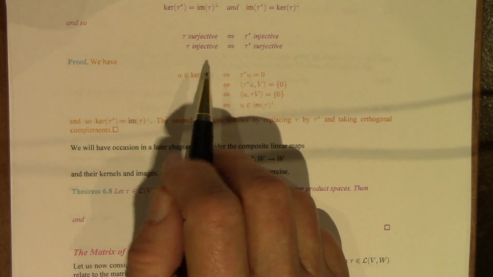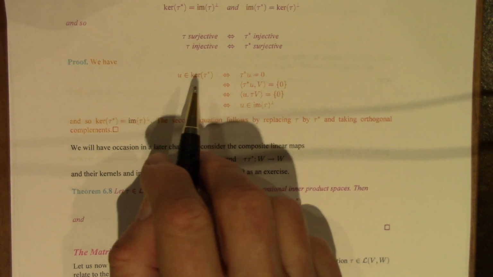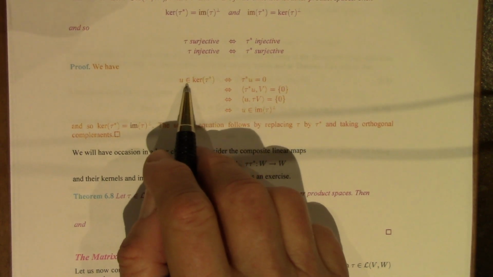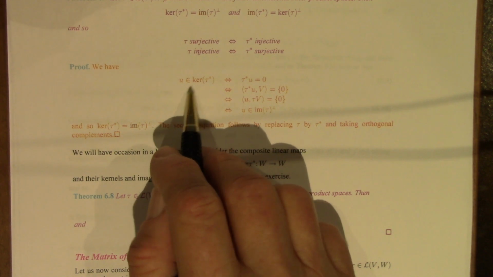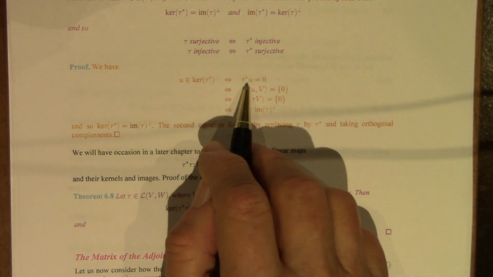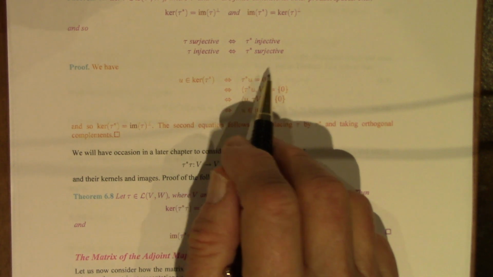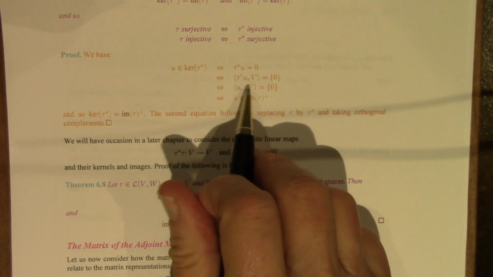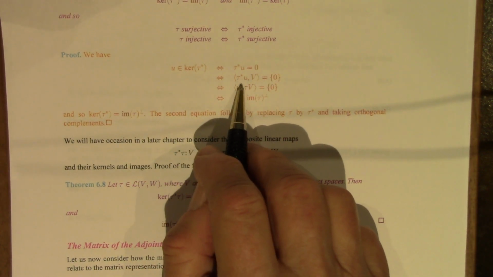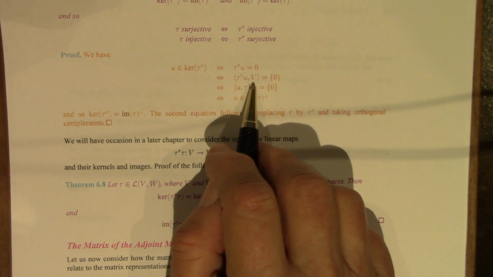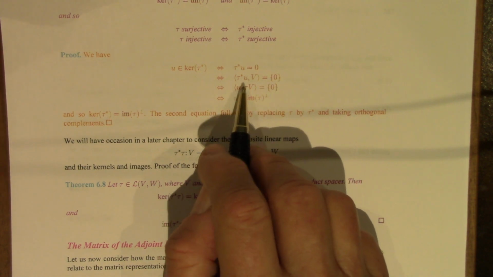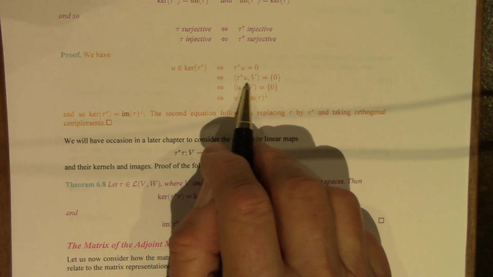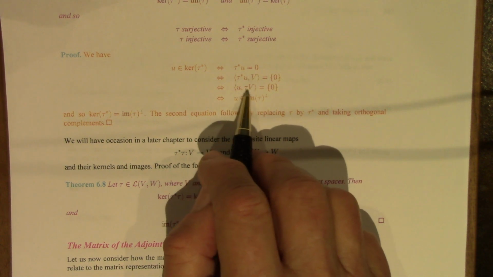As to the proof, kernels are relatively easy to work with. U is in the kernel of tau star if and only if, of course, tau star U is 0. And that is equivalent to saying tau star U applied to any vector in V is 0. And we can then move the tau star across.